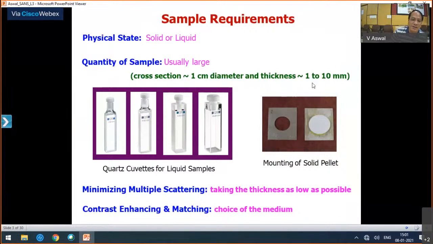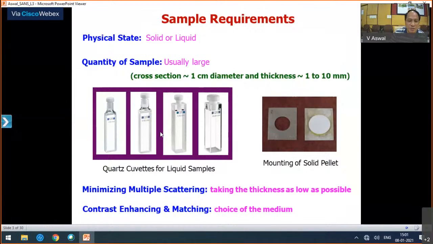If you have liquid samples, you can fill them in quartz cuvettes, for which neutron transmission is very good. If you have weakly scattering samples, you would prefer a thicker sample. You can go up to 10 millimeter, and the lowest you use is around 1 millimeter. You can go to lower sizes, but these quartz cells are quite expensive.